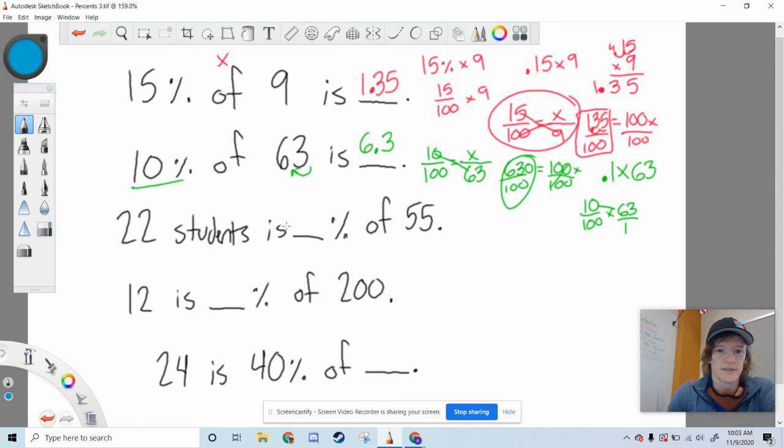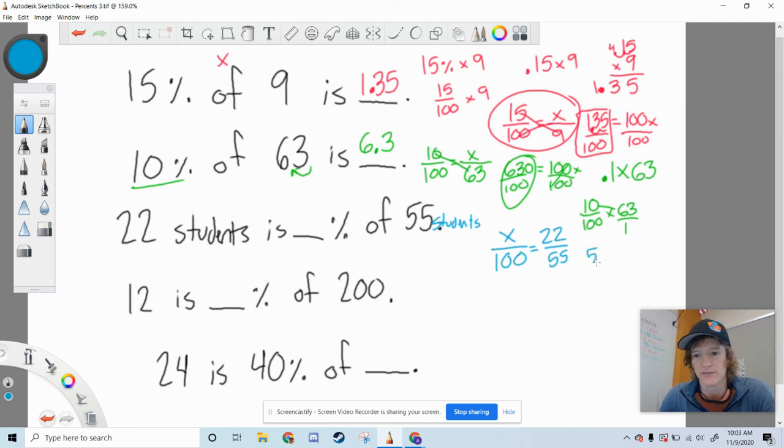Next one, 22 students is what percent of 55 students? So we need to find out what out of 100 is 22 out of 55. On this one we have our part. Our part is 22. The whole amount of students is 55. So we need to find out what percent it is, what out of 100?